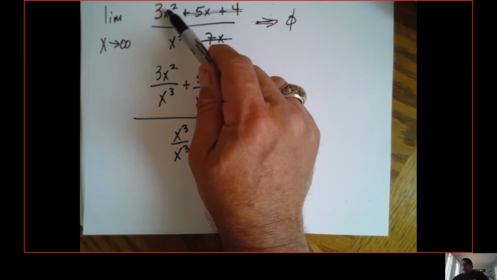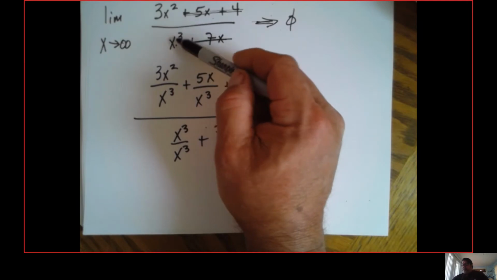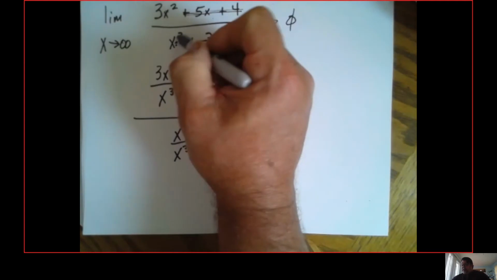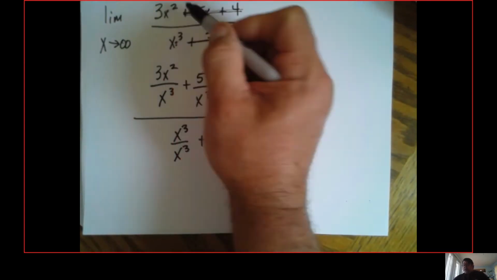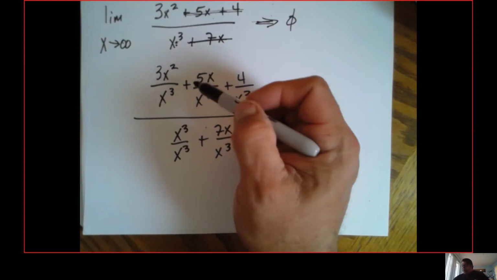Over 1,000. 1,000 squared. This is going to be bigger. It might not be with a small number, but it will be for a big number. This is going to be bigger than this. Let me just put it to you that way. Because x to the third is always going to be bigger than x squared as you get with bigger numbers. And that's what we're talking about with bigger numbers.